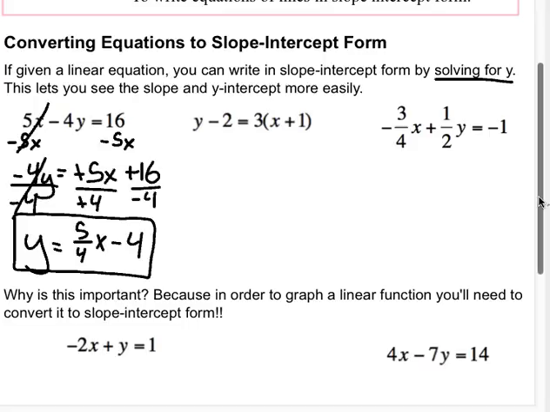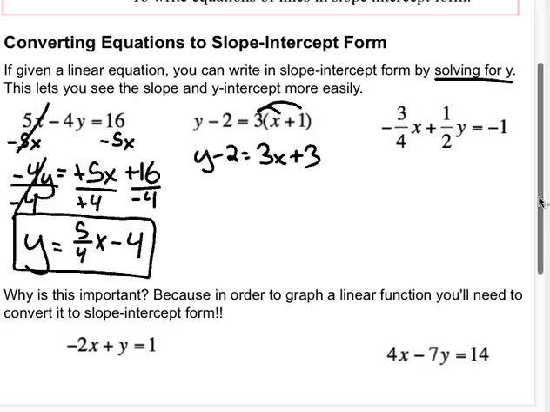What about this next one? What can I do to get the y by itself? Well, there are parentheses here, so the first thing I would note if I'm trying to put it into slope-intercept form is I'm going to distribute that 3.